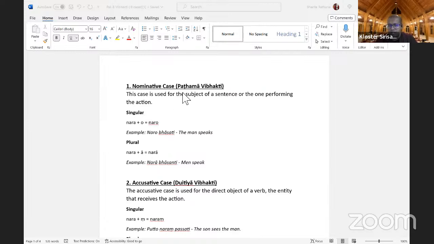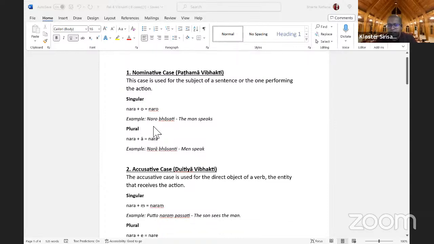So the nominative case, Patama Vibhakti, is the one we use for the subject of the sentence, the one who performed the action. The word stem is nara and the ending is o, naro. An example: naro bhasati, the man speaks.